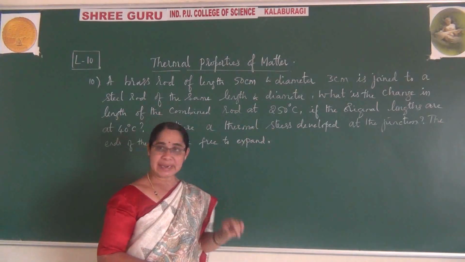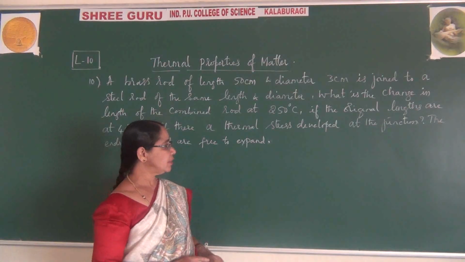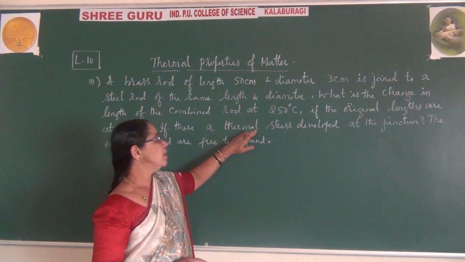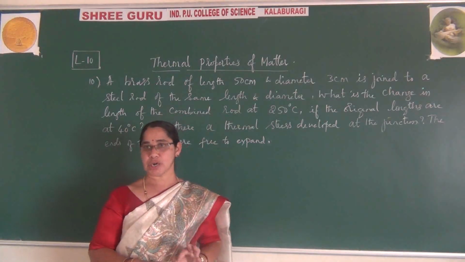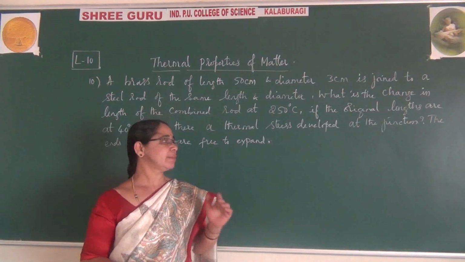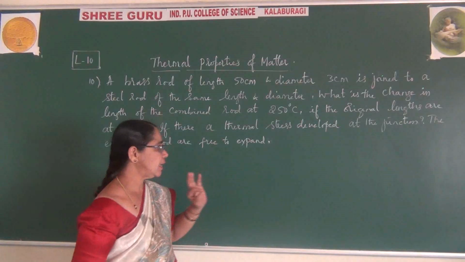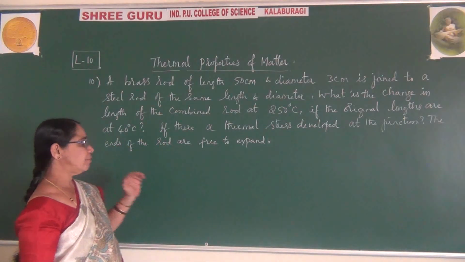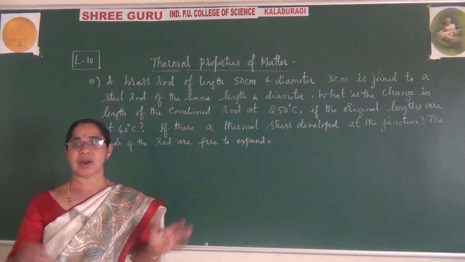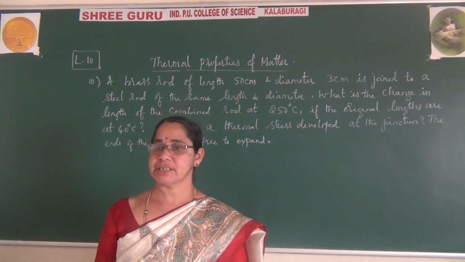After completing that, you calculate for the combined rod. Along with that, you have to explain whether thermal stress is developed or not. If it is there, yes. If it is not there, no, thermal stress is not developed, you have to say. And finally, they have said one condition: the ends of the rod are free to expand.